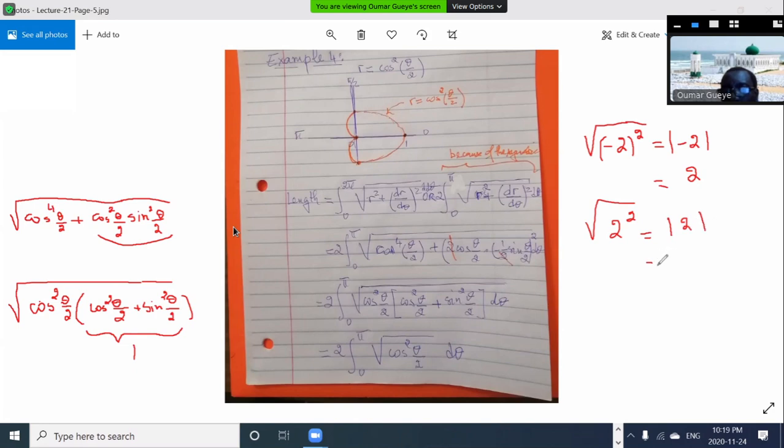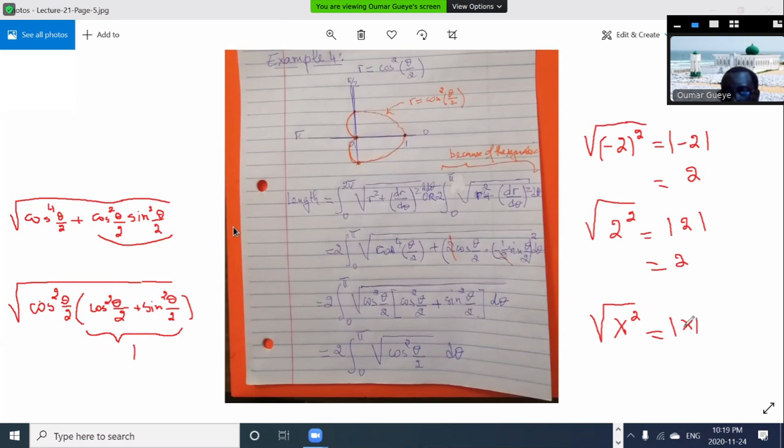The absolute value always returns a positive number. So based on these two examples, this is just from how the square root is defined. The square root of x square is always equal to the absolute value of x.